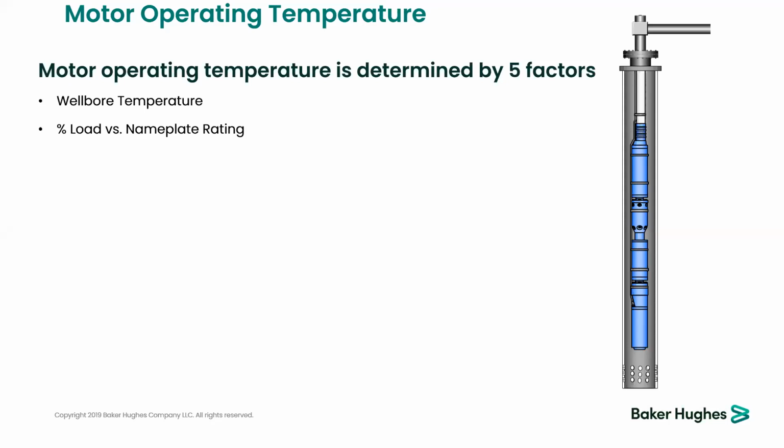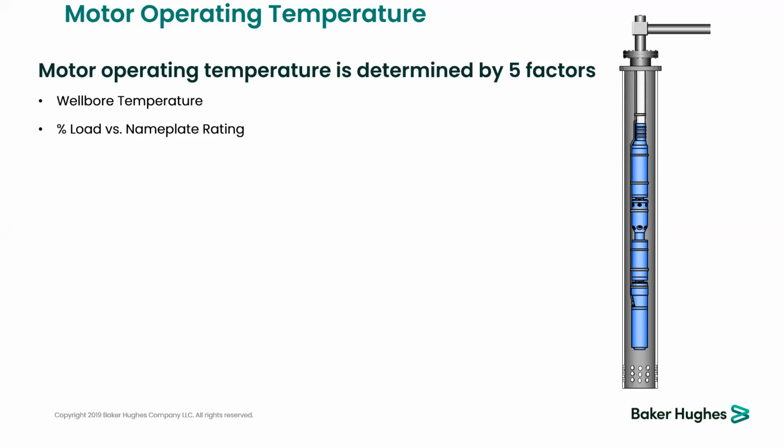according to API recommended practice, you should have a fluid velocity passed across the motor of 1 feet per second. Okay, this varies from condition to condition. It can be less than 1 feet per second, but it's a function of what your motor load was, what your production rate was, what the internal temperature was, what fluid you are producing.